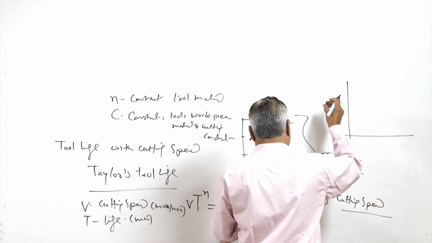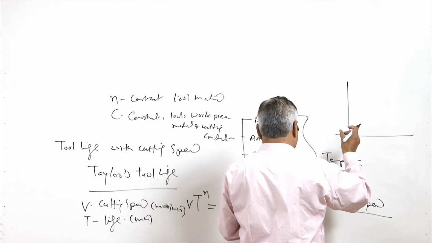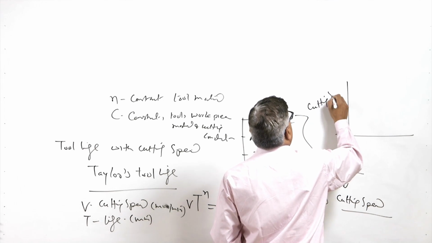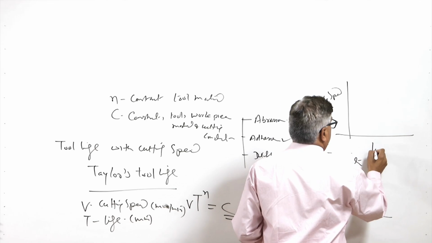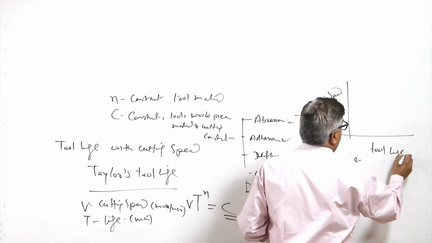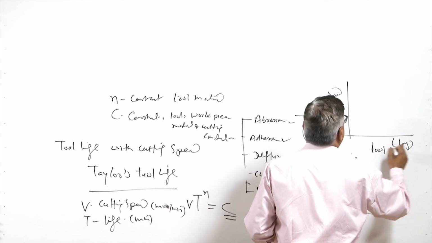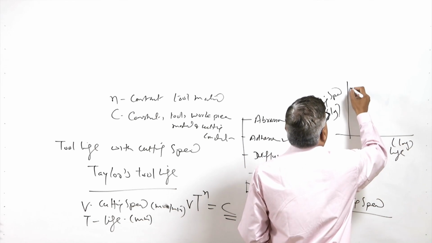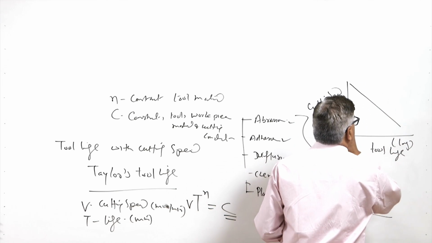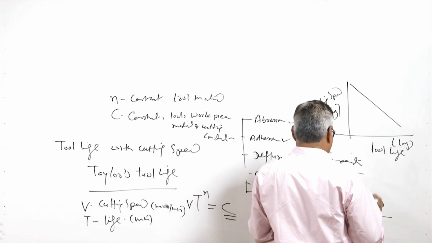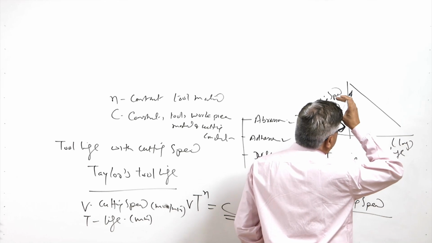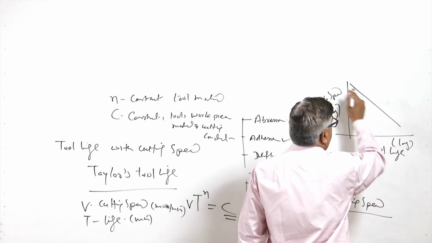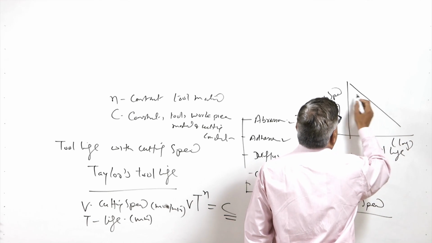This is the cutting speed and the tool life, both on a log scale. The relation is found to be linear, wherein an increase in cutting speed reduces the tool life.